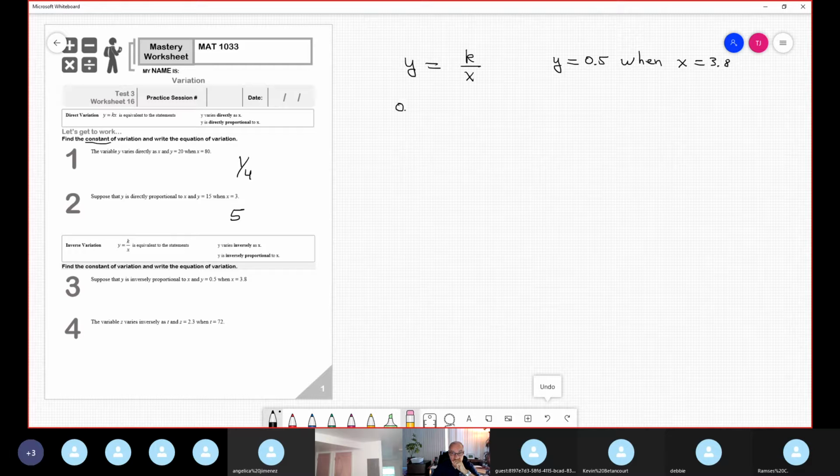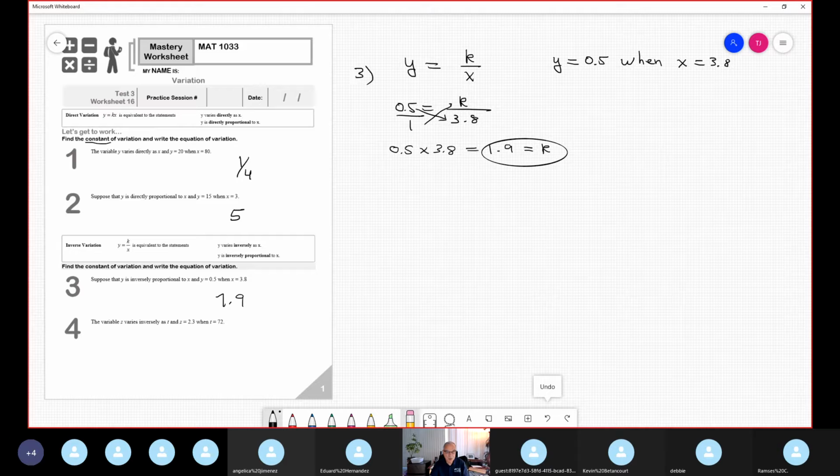So replace y by 0.5, the constant here, and x is 3.8. You apply a cross multiplication, maybe, no? You multiply like that, and you put in the calculator 0.5 times 3.8, which is 1.9. And 1 times k, this is the k value for this variation. 1.9 expressed in decimal.